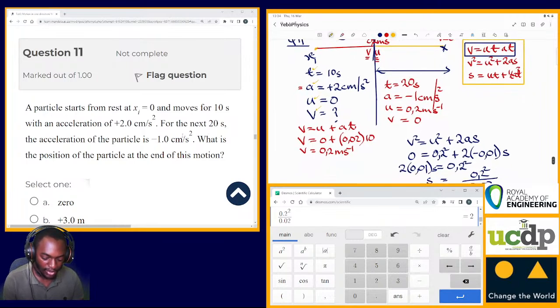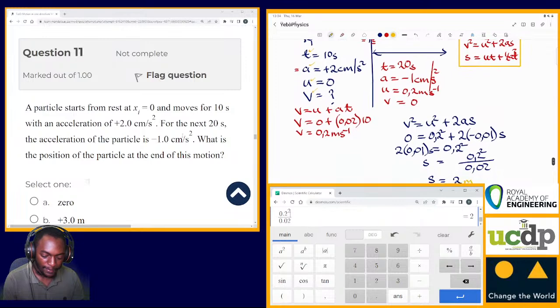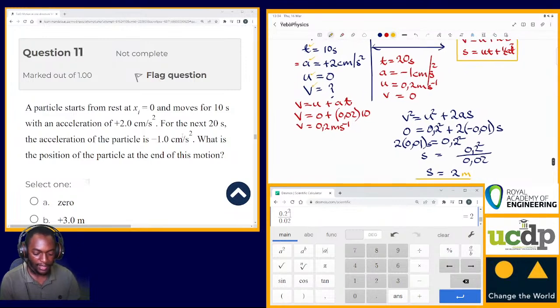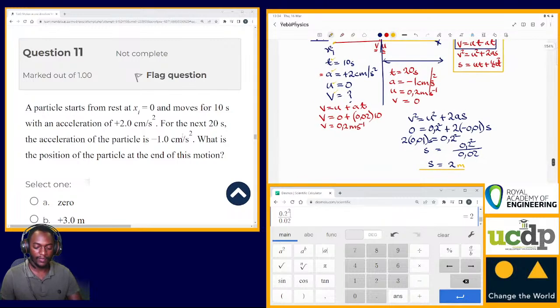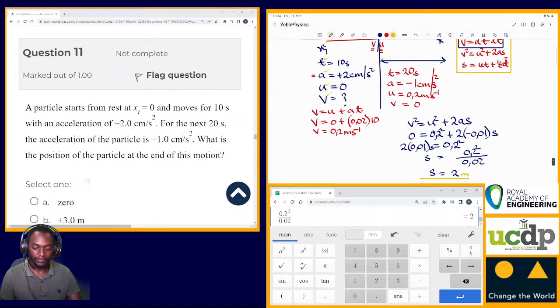Then we can use that to find the displacement after 20 seconds, or the final displacement. If you want, you could have used even the third equation. I think it will still give you the same analysis.